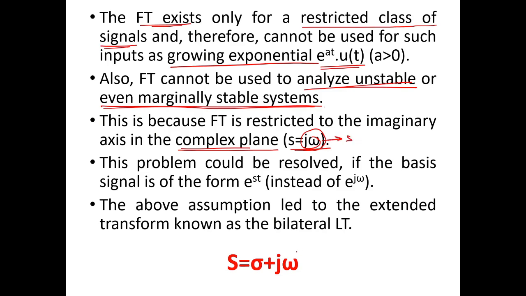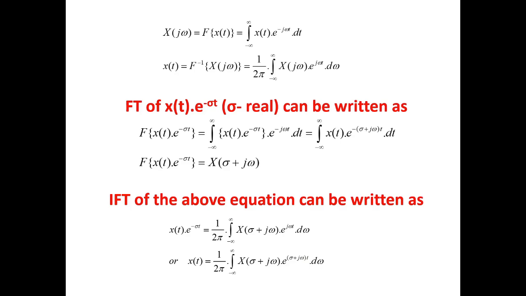Now what is s? s is equal to sigma plus j omega. So basically, if you remember, in the Fourier transform we had the operator e to the power j omega. However, if we replace this j omega with s, giving e to the power st, then the transform we get is called the bilateral Laplace transform. Now let us see what we meant.